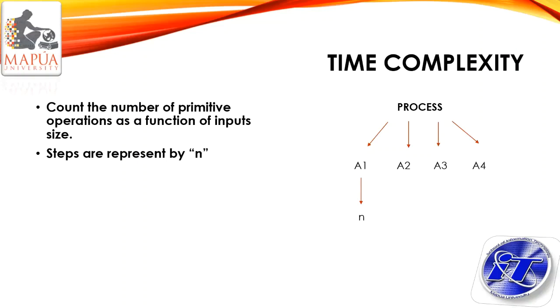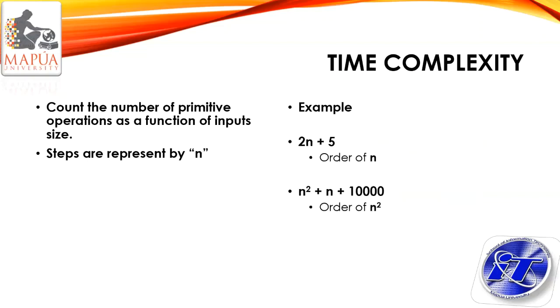Okay, the growth is based on the number of n, or it could be n squared, n cubed, or 2 raised to n. Okay, so each algorithm has different growth rate. So in this video lecture, we're going to determine how we're going to determine the growth rate of a certain algorithm.